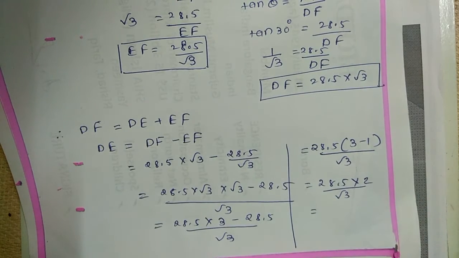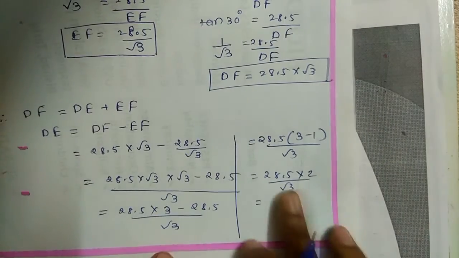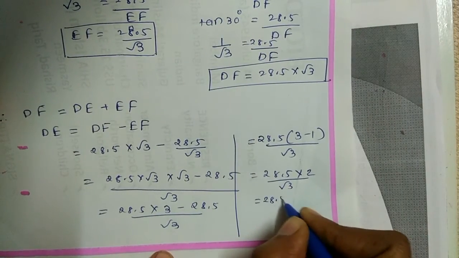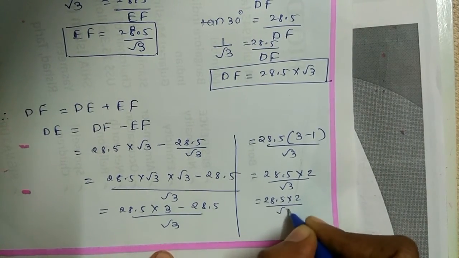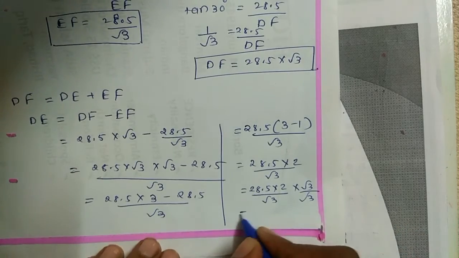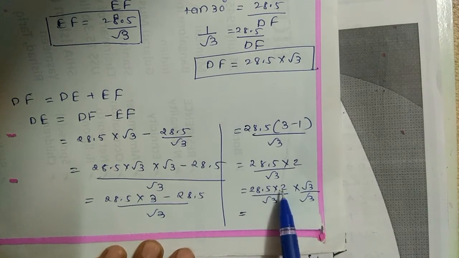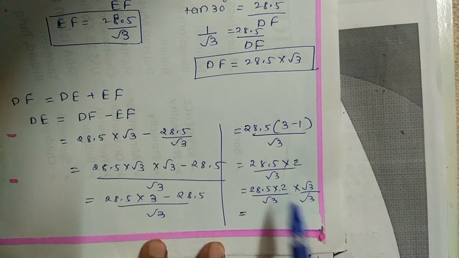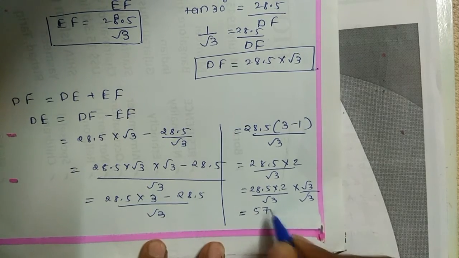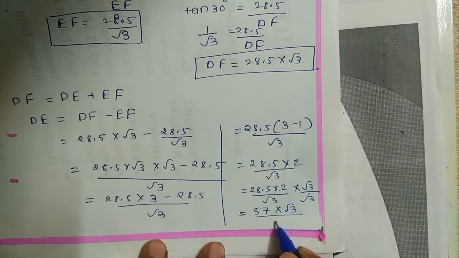But as we know, in the final answer we should not get the irrational number in the denominator. So rationalize this: 28.5 into 2 divided by root 3, multiplied by root 3. If you multiply these two, what will we get? 28.5 into 2 we have to multiply. So we'll get 57 into root 3, and root 3 into root 3 will be just 3.